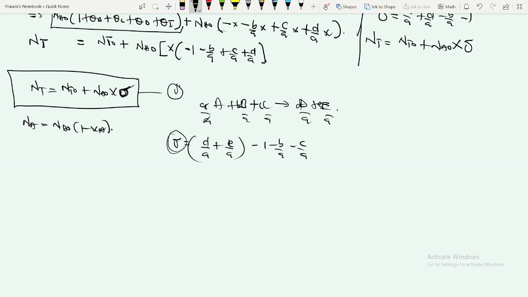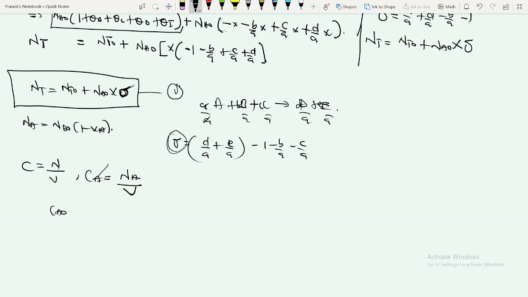Now for batch systems, concentration is actually equal to moles over volume, right? So if I want the concentration of A, it's going to be moles of A over the volume. Now we understand what C_A means and what N_A means.